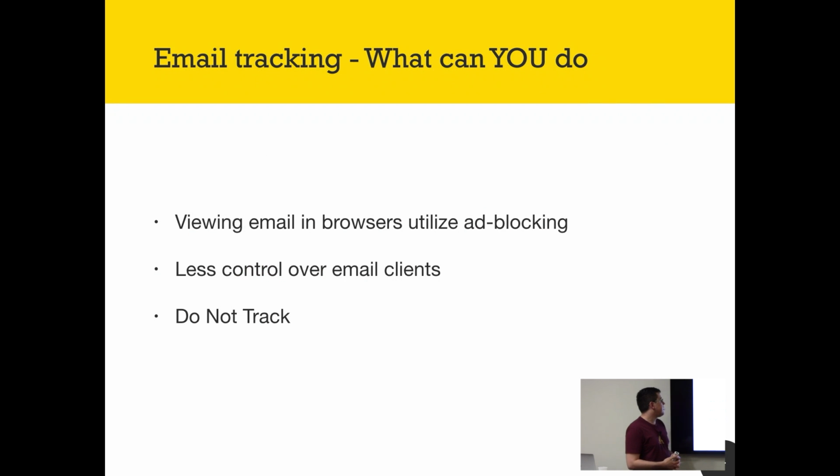So what can you do in general? If you're viewing your email in a browser, you can use browser plugins that block different types of ad trackers. I'm not sure how many of the default lists, if you install AdBlock or whatever, actually include blocking the standard email tracking services, but in a browser you can add stuff to those lists.